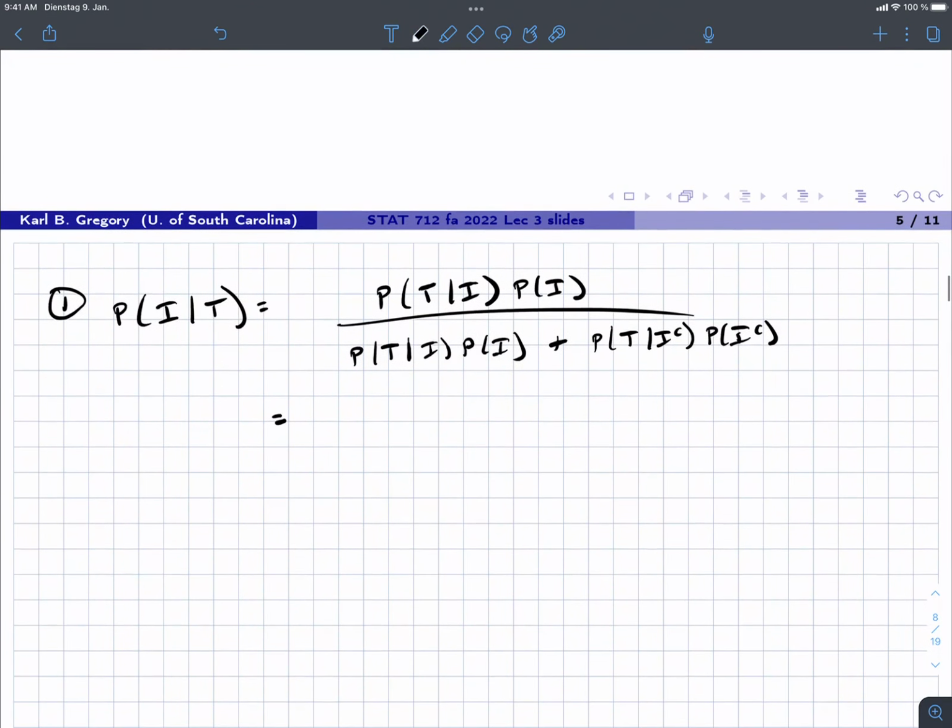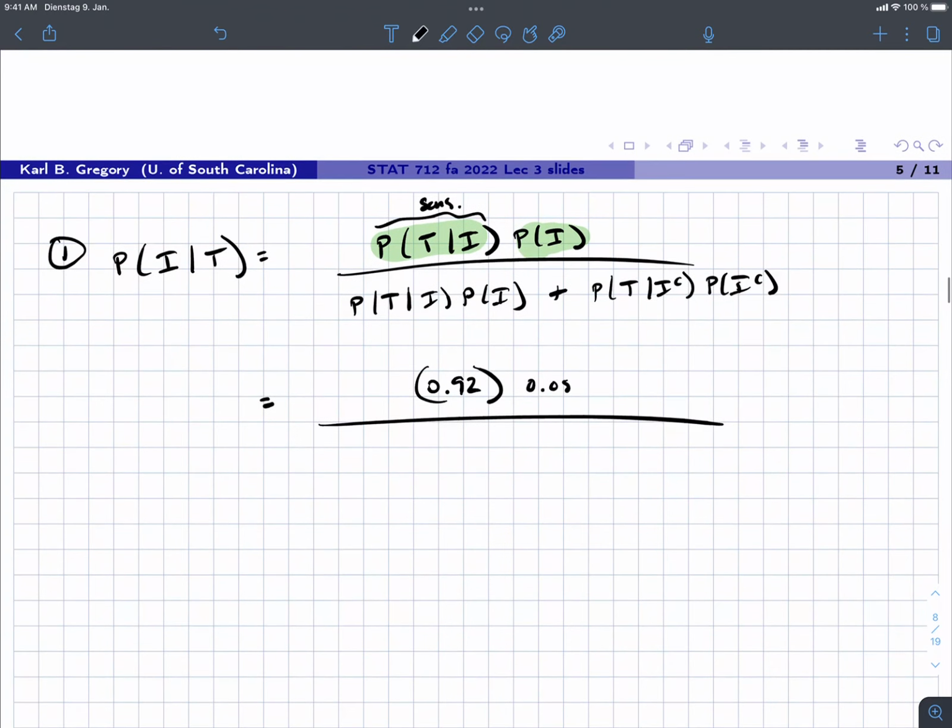So now I want to plug in what I know. So this guy is 0.92. That's my sensitivity. And this is the prevalence in the population, 0.05. And so I've got that same thing down here, 0.92 times 0.05. Now let's figure out these ones. Probability of testing positive given that you don't have the infection.